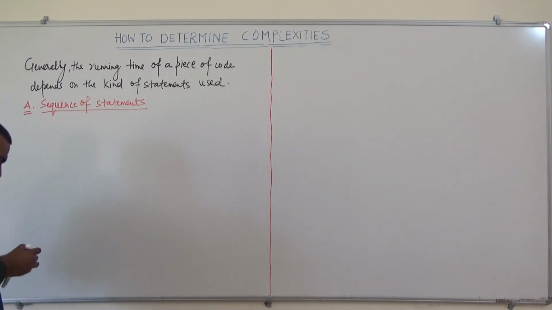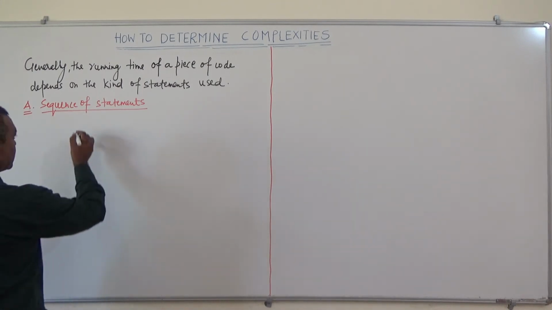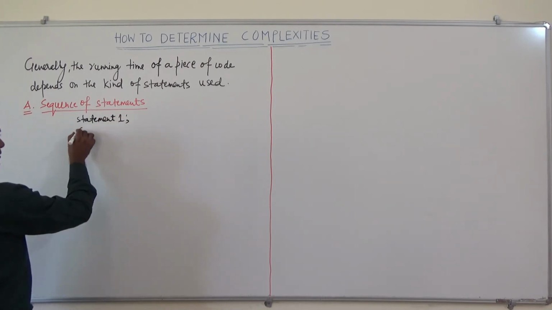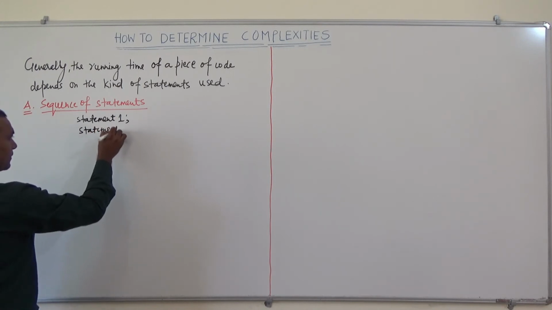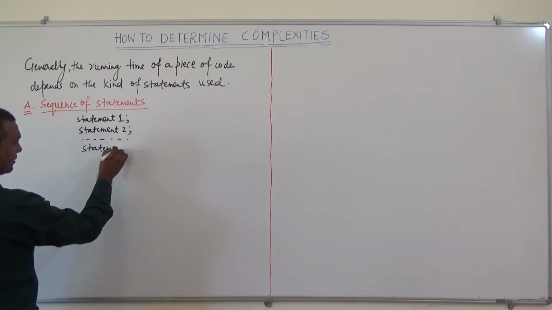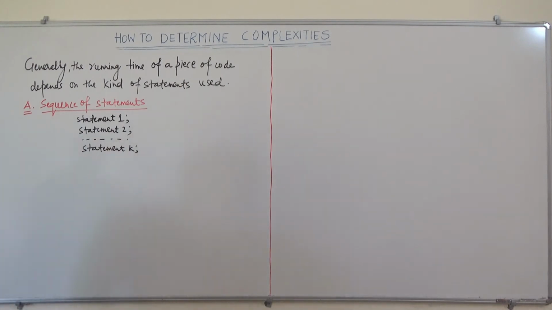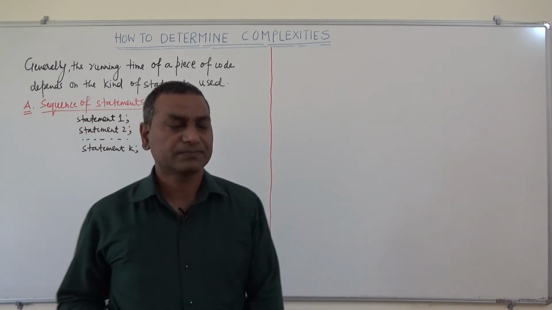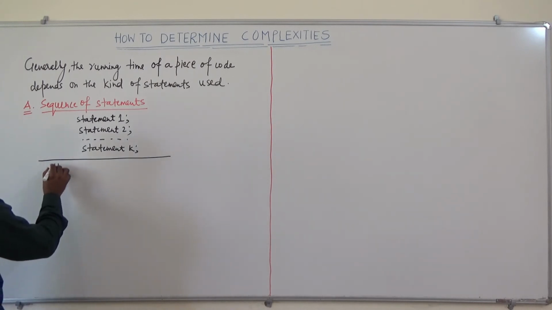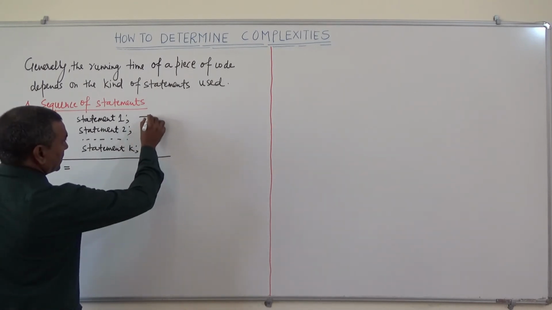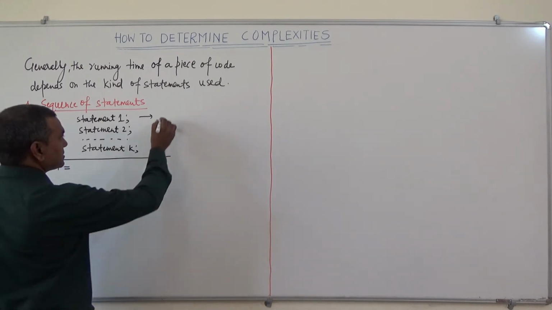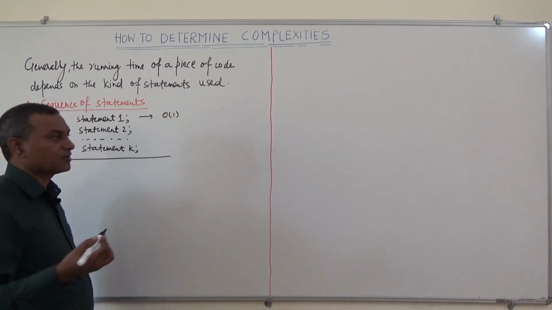Let us consider statement 1, statement 2, up to statement K. Then the total time can be calculated as, let us say, T. Now let us say the individual statement has running time of order 1, or we can say its complexity is order of 1, and it contains a basic operation.